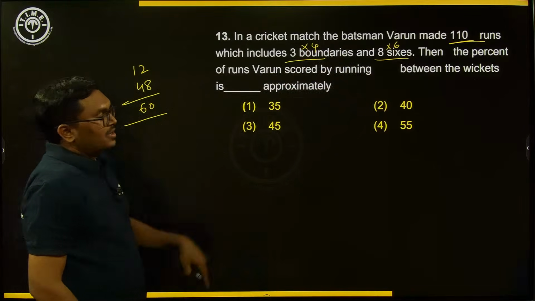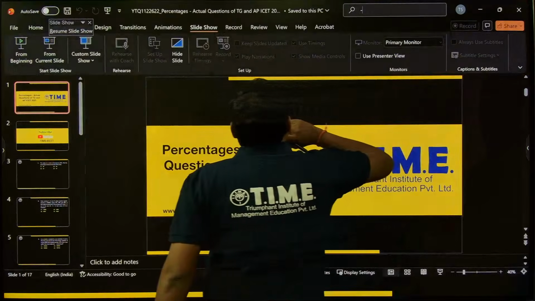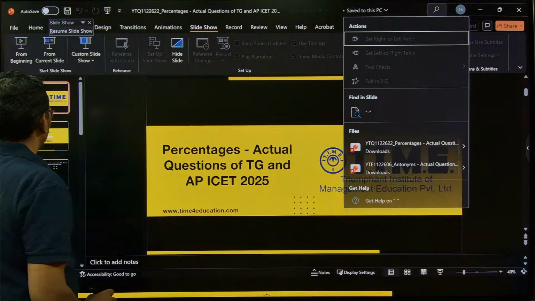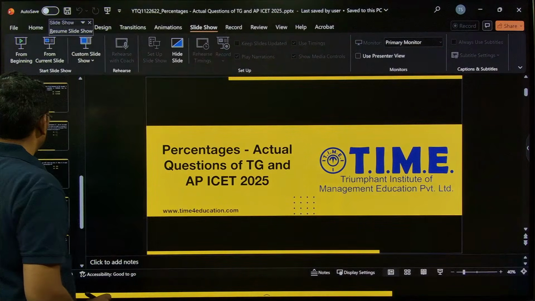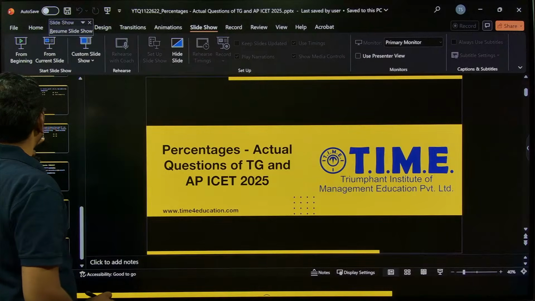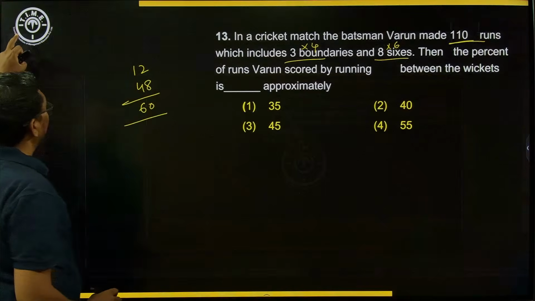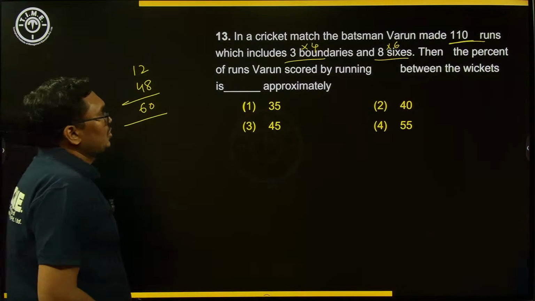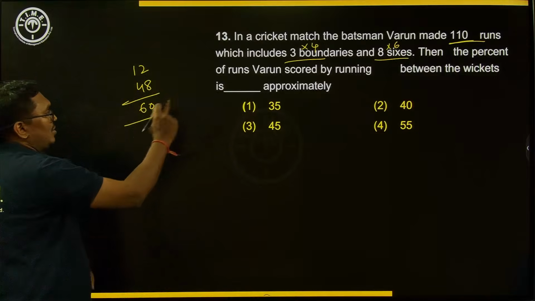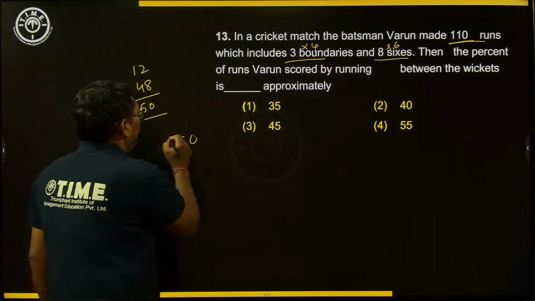What is the remaining runs? Total is 110. So remaining runs is 110 minus 60, that is 50. 50 runs, right?